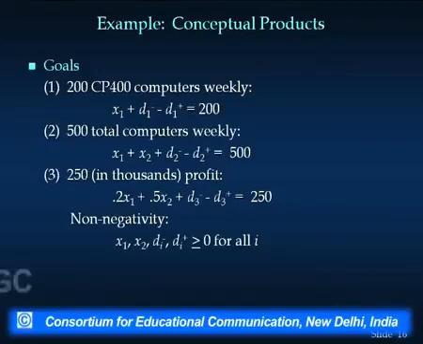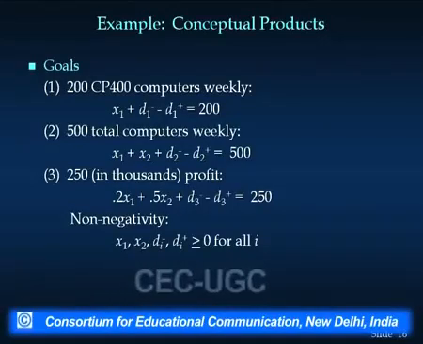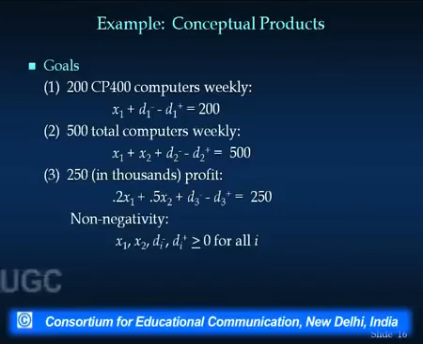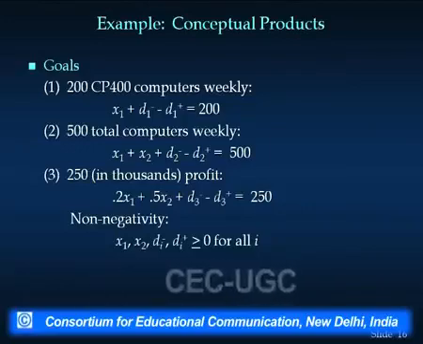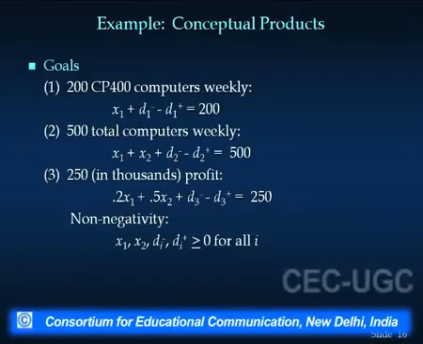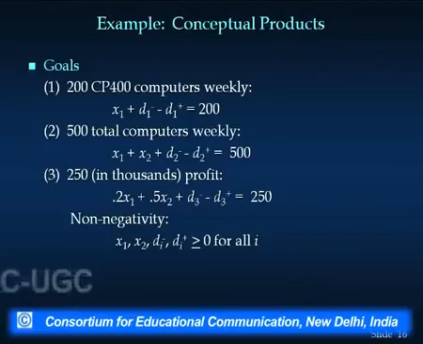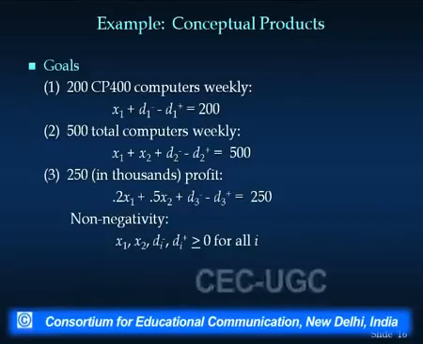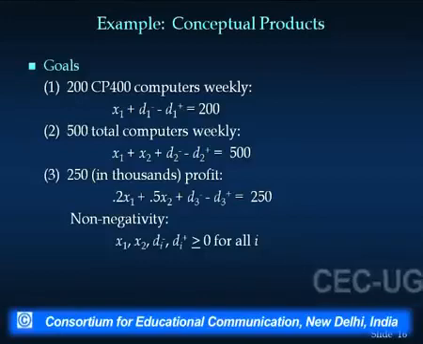Now the third priority, 250 in thousands, the profit, because 200 is the profit on x1, 500 is the profit on x2. So viewers can now form the third equation on their own. Yes, the equation is now 0.2 x1 plus 0.5 x2 plus d3 minus d3 plus equal to 250.